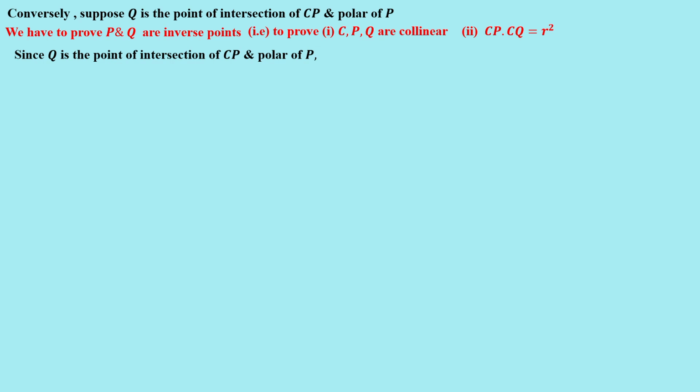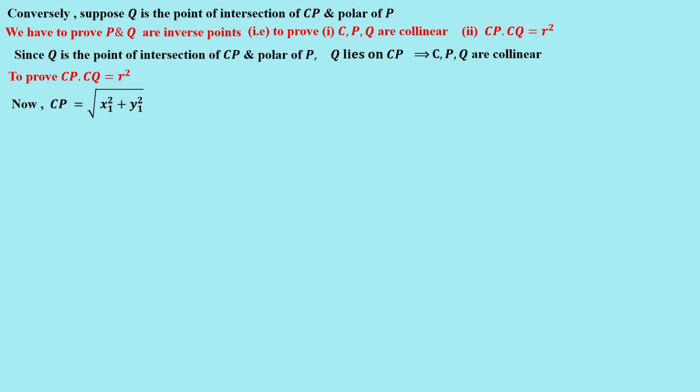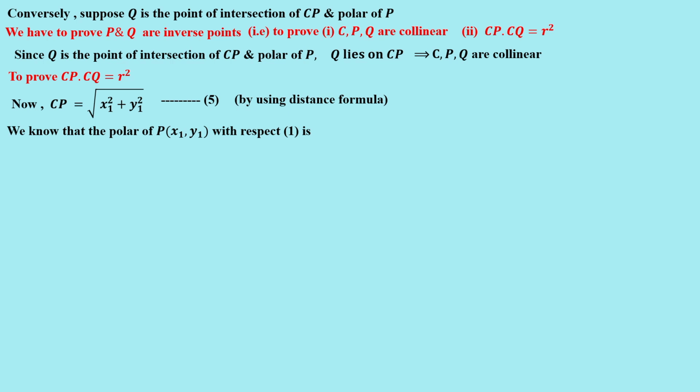Since Q is the point of intersection of CP and the polar of P, Q lies on CP, so C, P, Q are definitely collinear. To prove CP into CQ is equal to r square, CP is equal to root of x1 square plus y1 square by using the distance formula, that is equation number 5. We know that the polar of P(x1, y1) with respect to the circle is x x1 plus y y1 minus r square equal to 0, that is equation number 6. So clearly Q is the point of intersection of CP and 6, right?